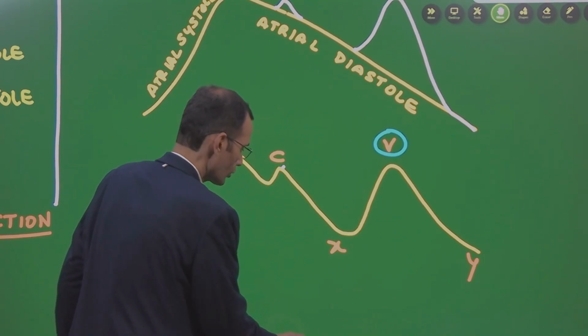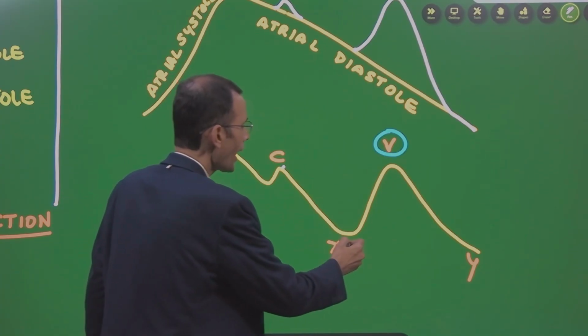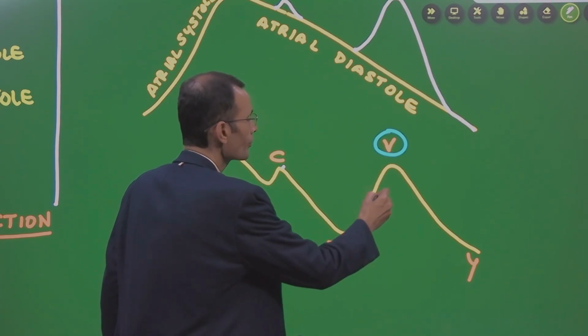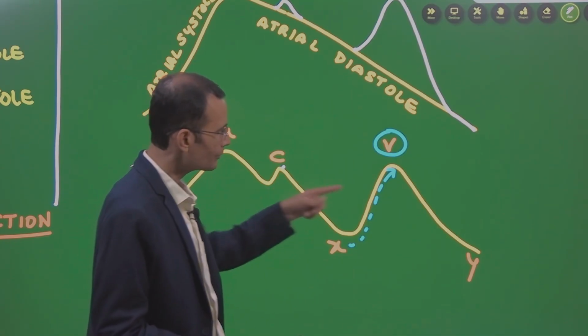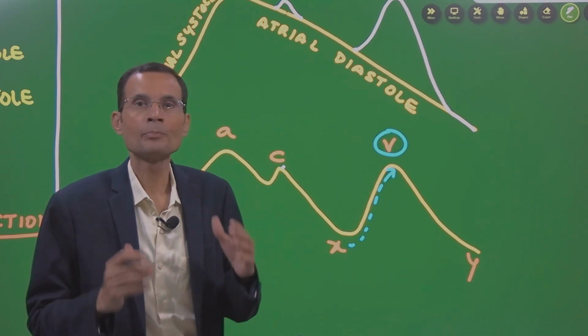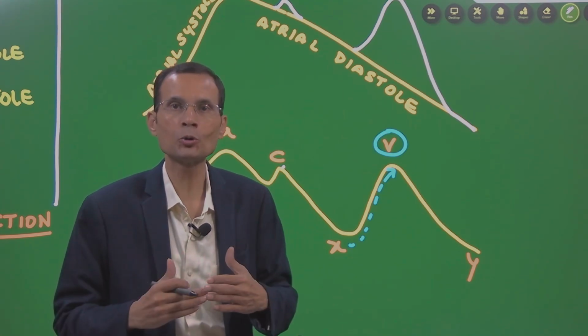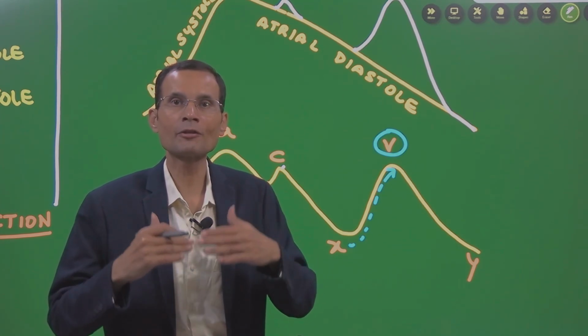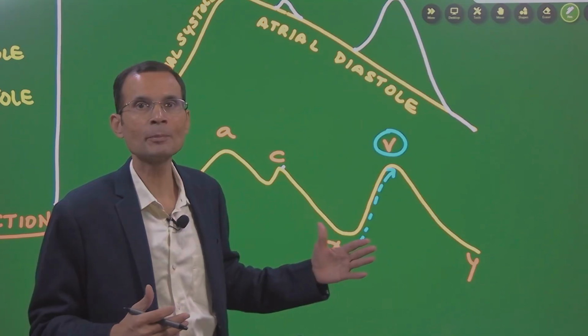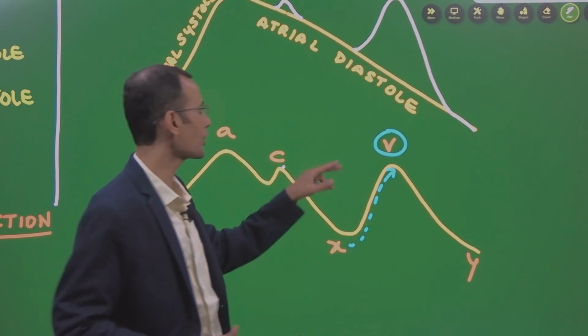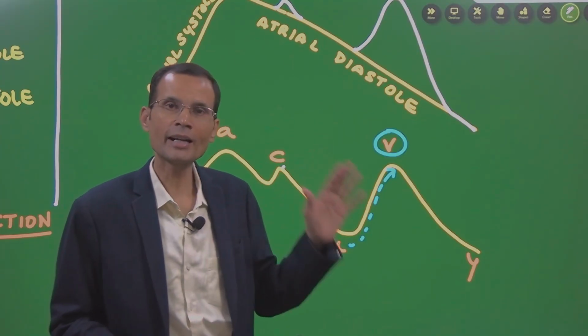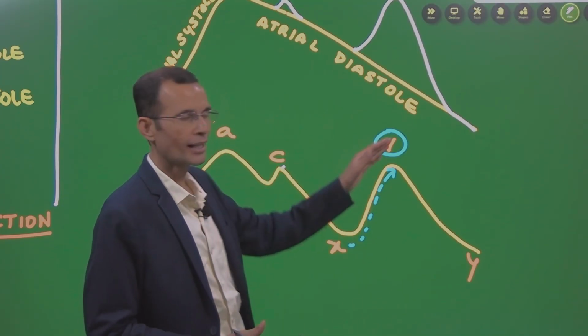But the question was, what has happened after the X descent and before the V wave? Between this time period, the pulmonary valve closed, and because the pulmonary valve closed and the tricuspid valve is also in a closed state, blood accumulated in the right atrium and caused this rise of pressure.